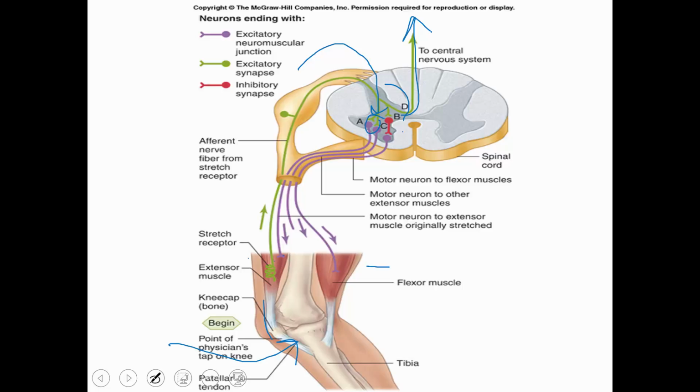Or I pick up a suitcase and it's really heavy, I stretch my arm, the muscle spindles activate the muscle, so I maintain a contraction and I don't drop the suitcase. That's what this reflex is for physiologically. We test it clinically with the reflex hammer and the tendon tap.